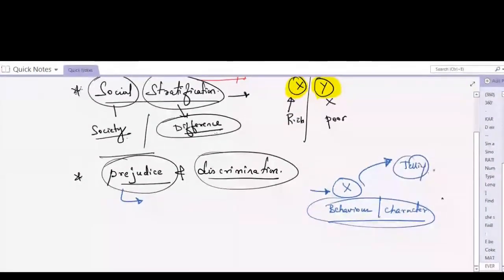You don't know actually who he is, but still you are telling his behavior. Maybe you are telling good about him, or maybe bad, that is called prejudice. Without knowing the identity, describing about him, that is called prejudice.